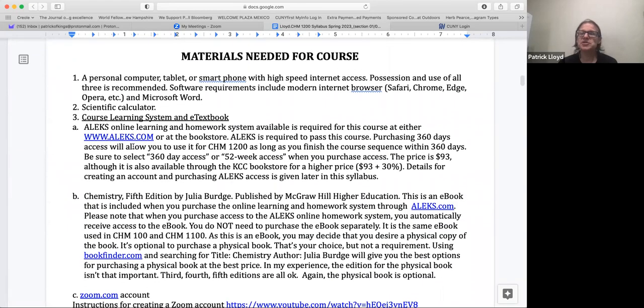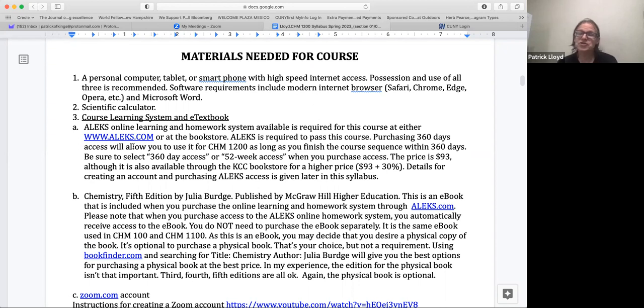Okay. The materials that you'll need for the course, so, obviously a computer, a tablet, smartphone, internet access. Probably having all of those would be useful. And then, of course, you have to have software. Scientific calculator is useful. And mainly, you're going to need what's called the course learning system, which is ALEKS.